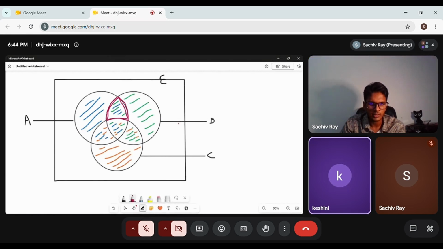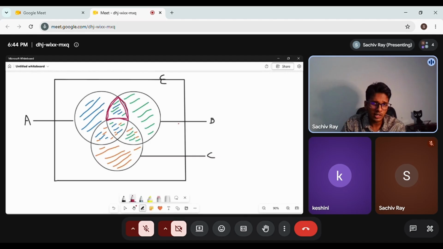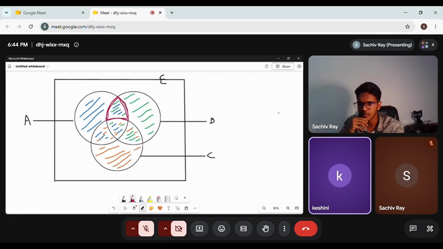But now it's A intersect B without the C part. So how can you write this? A intersection B intersection C complement.